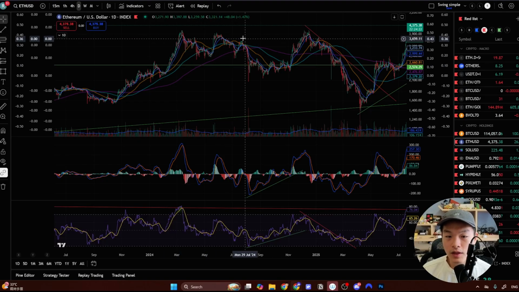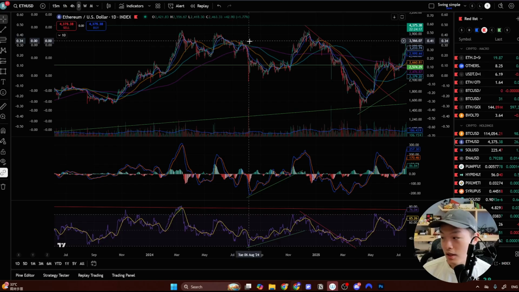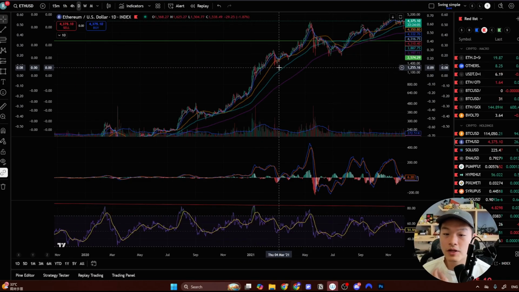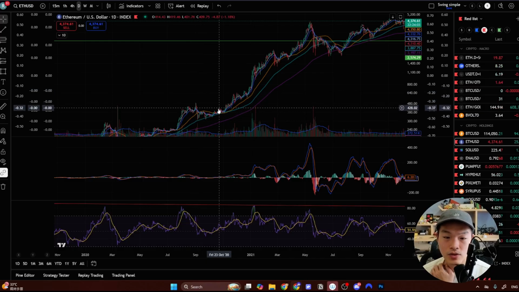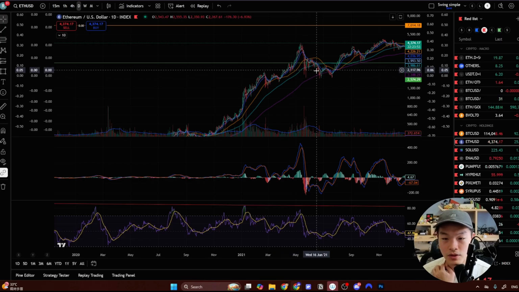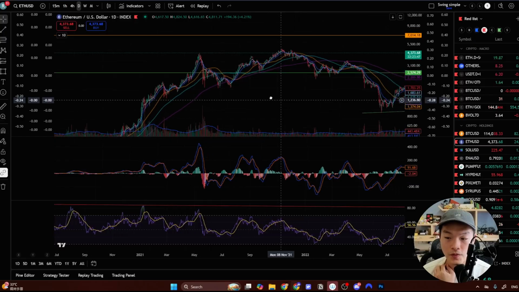And then when these moving averages became a zone of resistance, it could put a lot of downward price pressure on Ethereum, right? And you can see when the price action was really strong in the last cycle, it did bounce off of these moving averages here. And when it started to become weaker, it would bounce on this 200-day simple moving average, right?